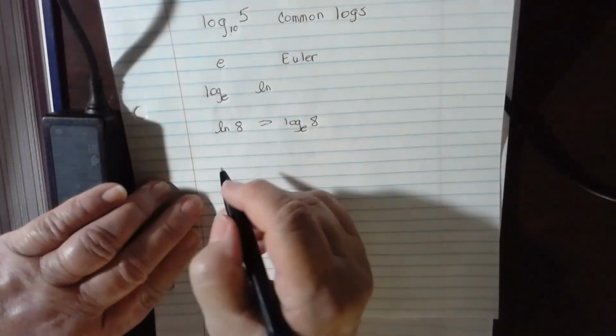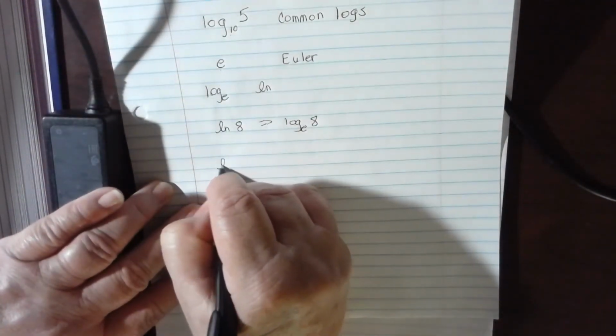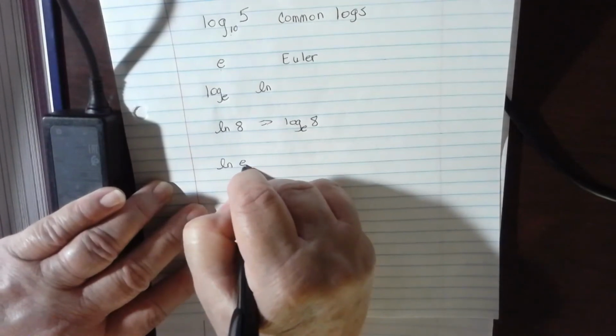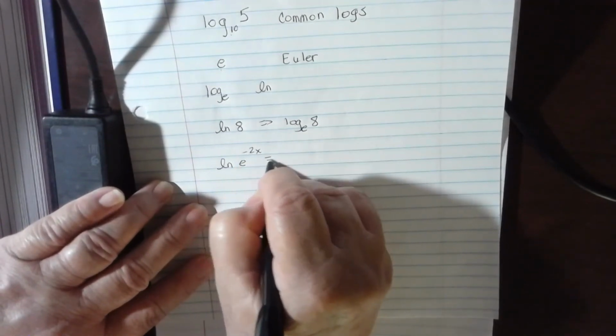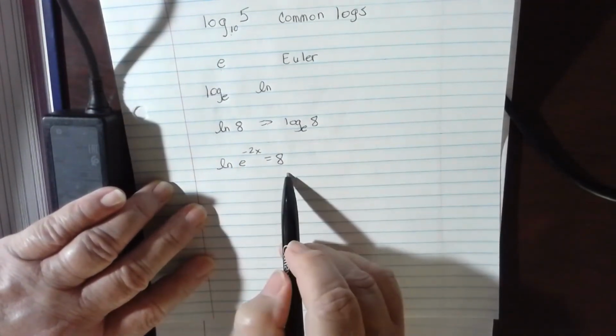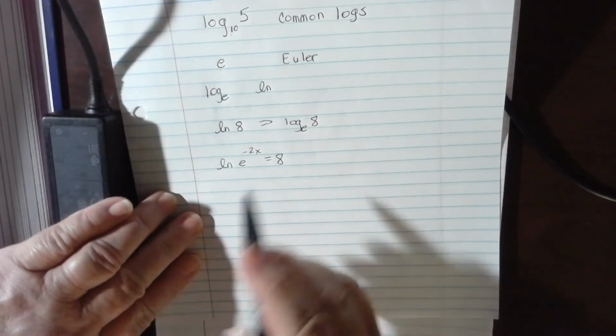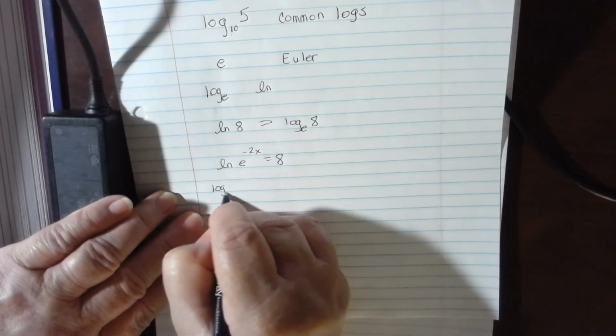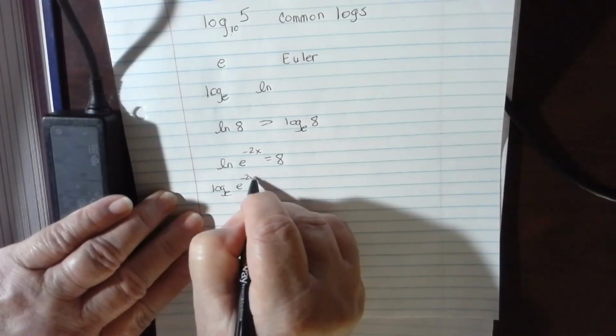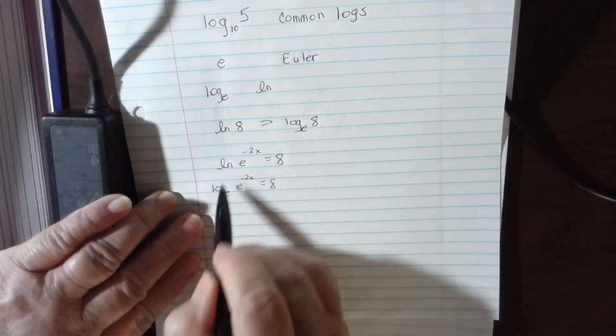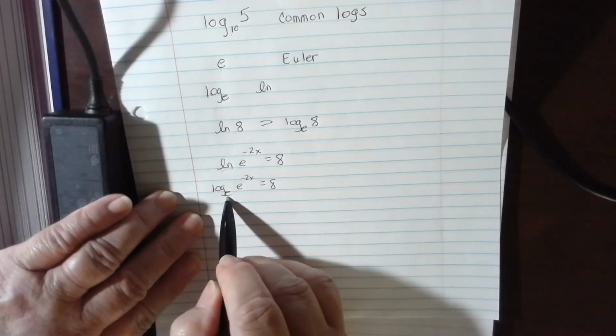For example, let's do one. Suppose you have this. We want to write it in exponential form, so the first thing I would do is show myself that ln means log base e.